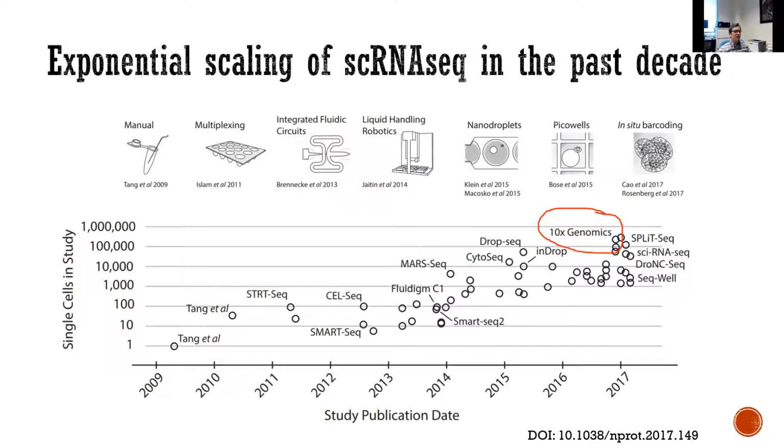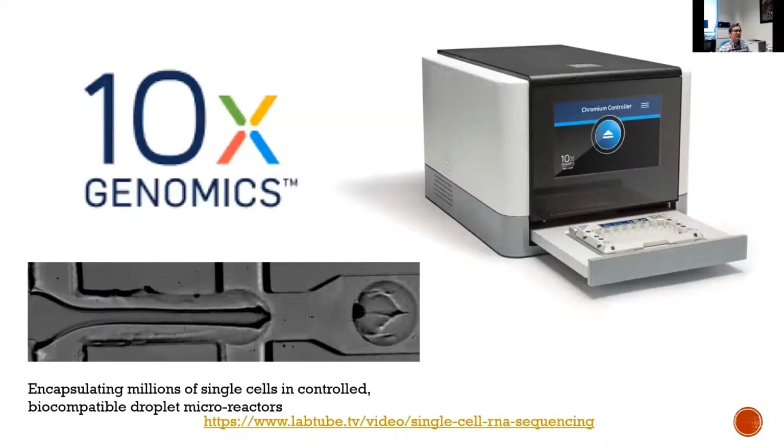So this is the dominant platform we are going to use, and I will focus on introducing this technology. As we mentioned, it is based on droplet technology, using partitioning oil to separate individual cells and loading them onto this Chromium controller to prepare your library.